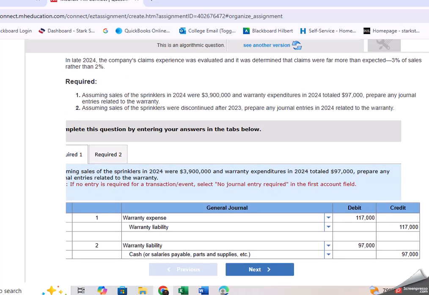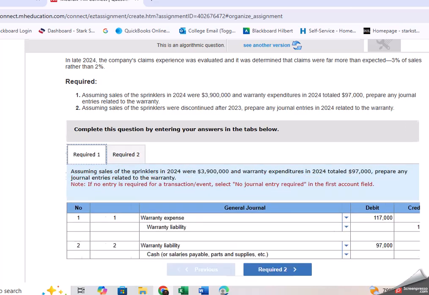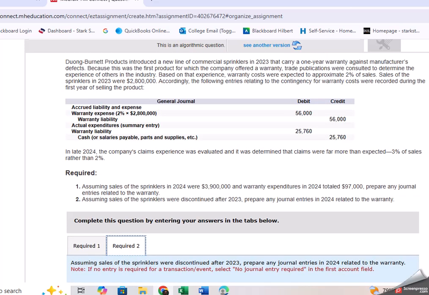Now requirement number 2 says, assuming the sales of the sprinklers were discontinued after 2023, prepare the journal entries related to the warranty. So in that case, if we go back to the scenario, we only have $56,000 that we initially set up in that warranty liability. In 2023, we used $25,760.